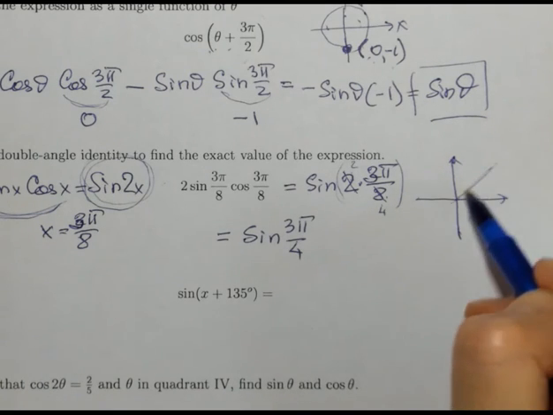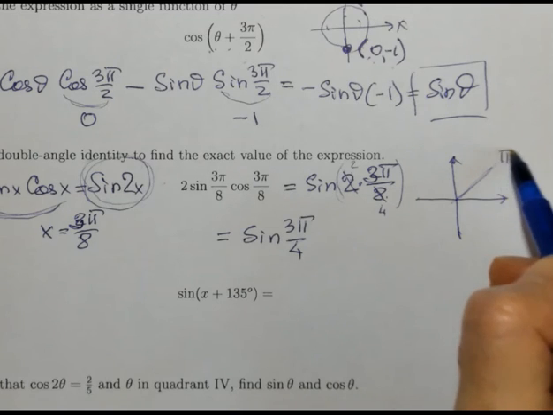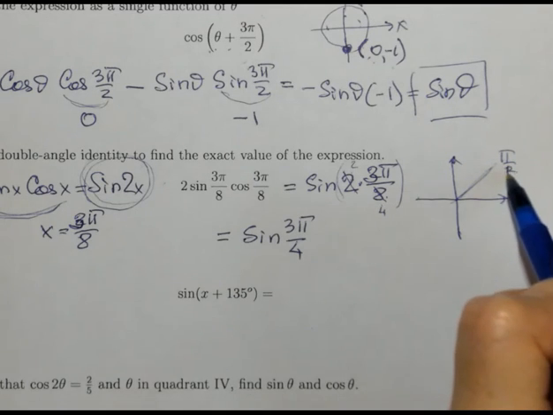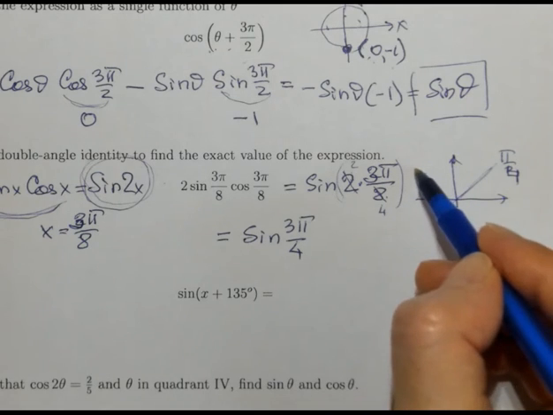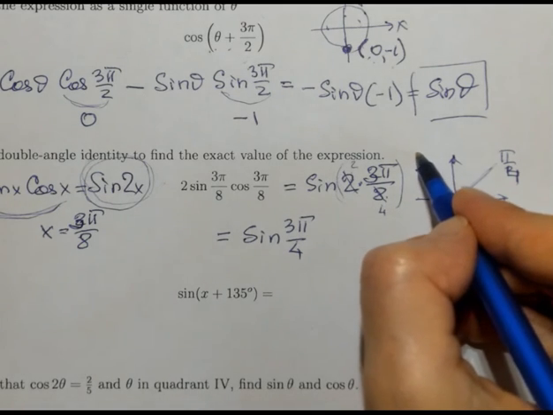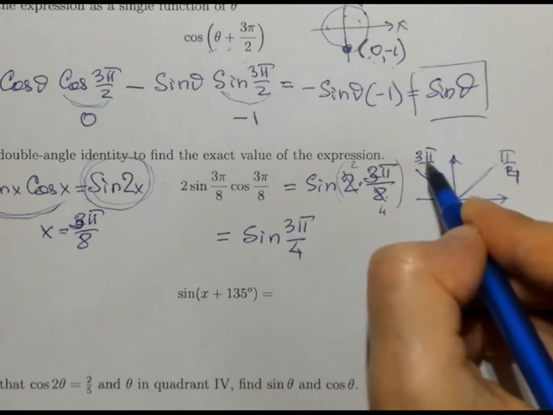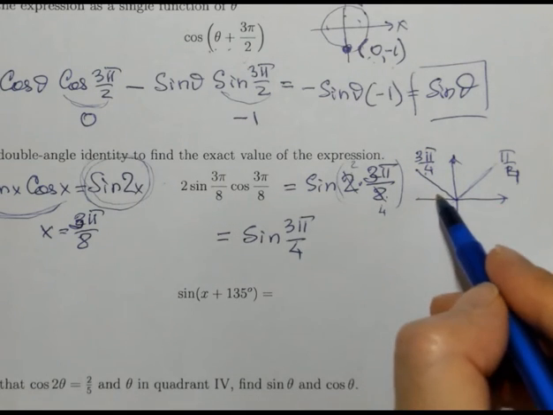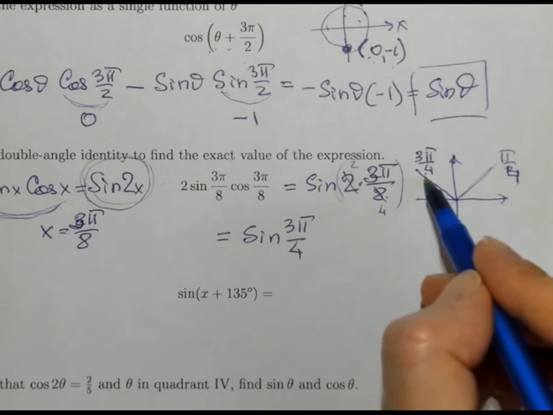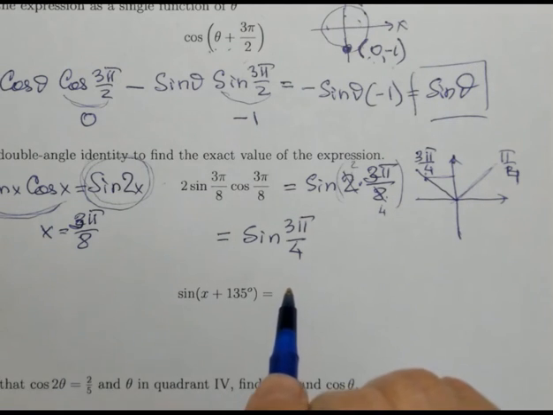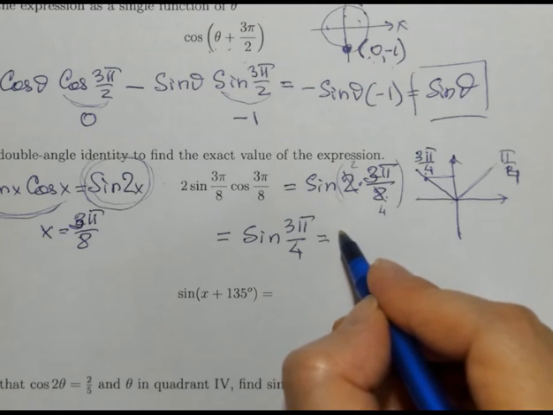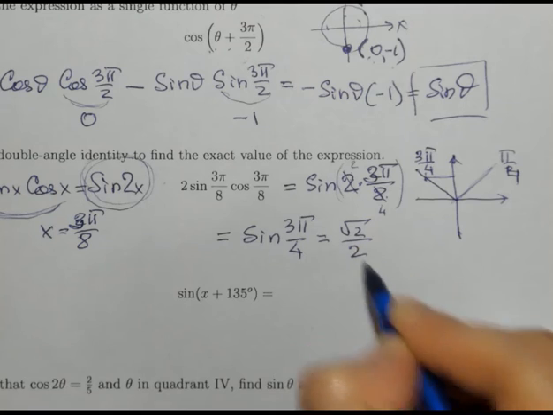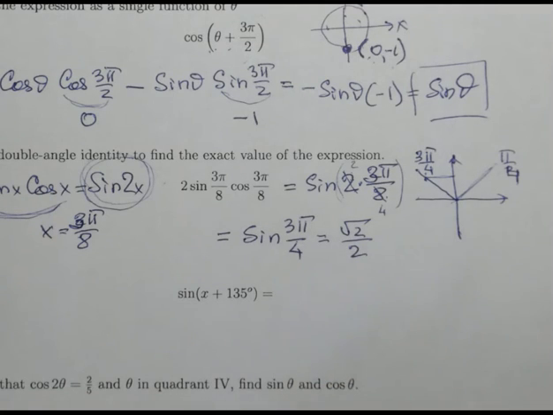So pi over 4 is the half of the first quadrant. Then 2 pi over 4, 3 pi over 4. 3 pi over 4 is in the middle of the second quadrant. So its sine will be positive, and the value of this sine is square root of 2 over 2, same as with pi over 4.